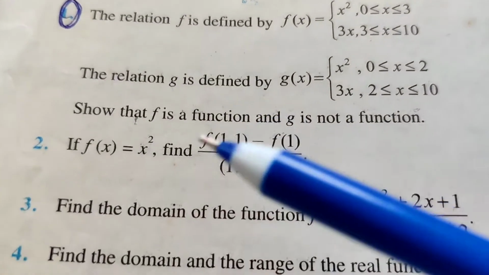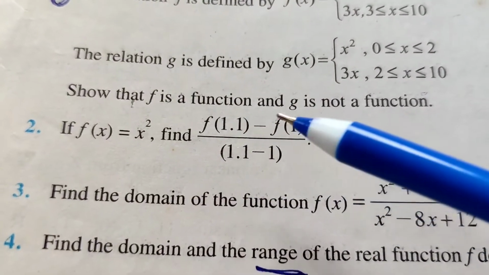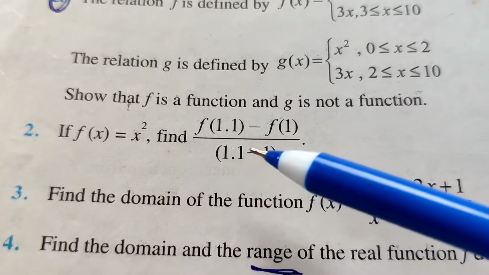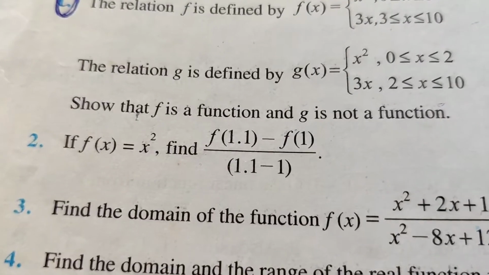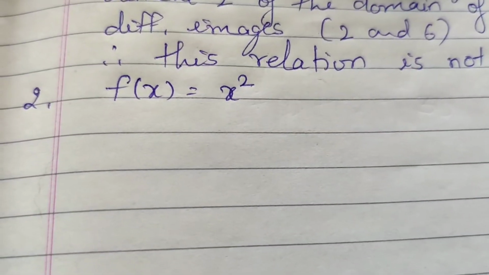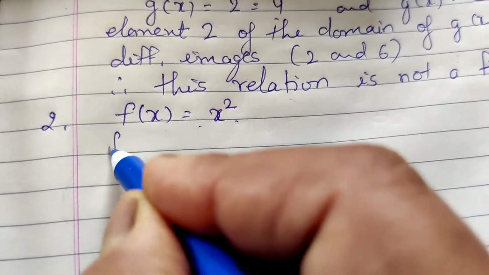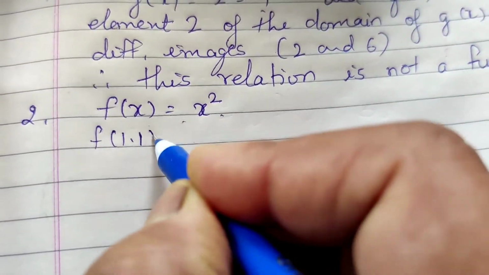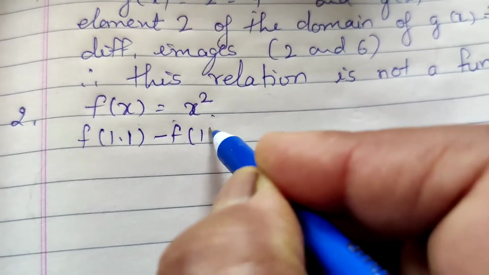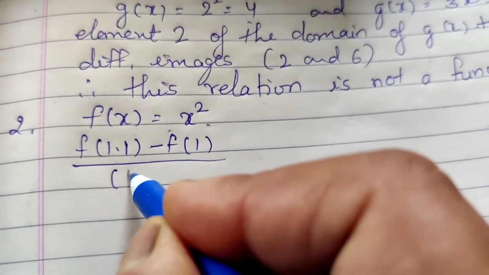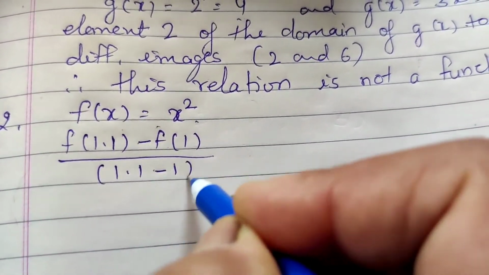If fx equal to x square, find f(1.1) minus f(1) divided by 1.1 minus 1. The function is given as fx equal to x square. Hence, find the value of f(1.1) minus f(1) divided by 1.1 minus 1.